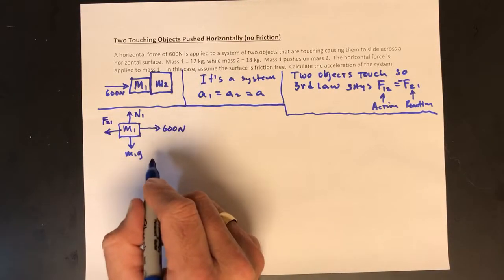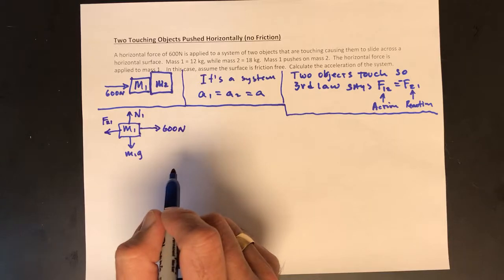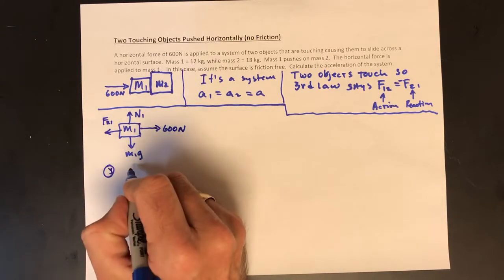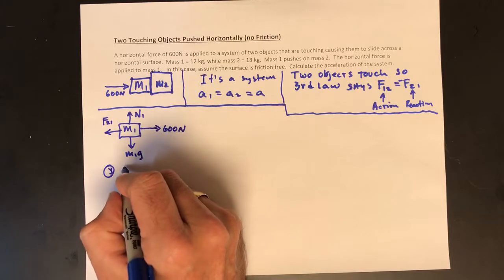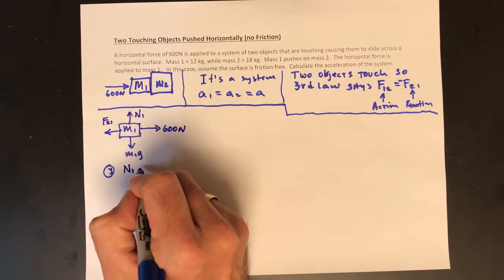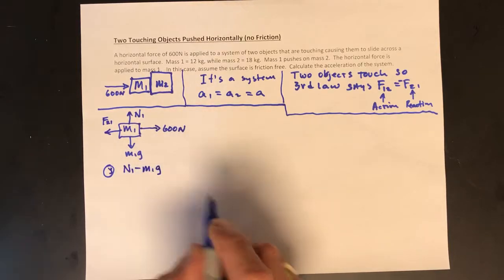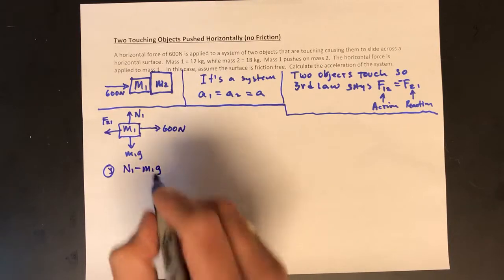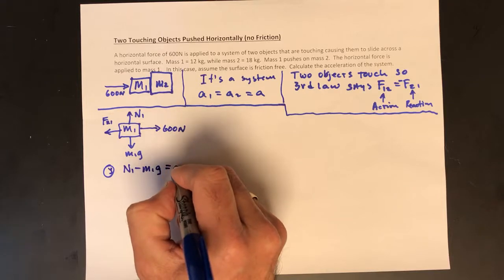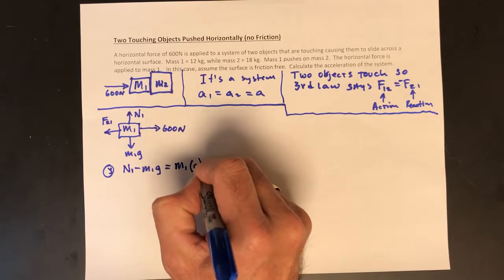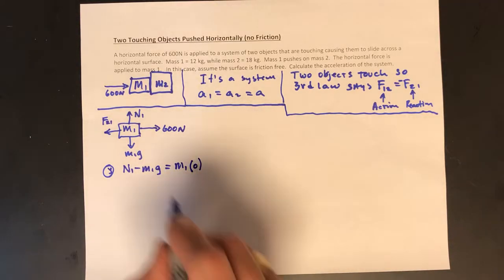So let's summarize the situation using Newton's second law for the y direction. In the positive direction we have a normal force, and in the negative direction we have weight. Those two represent the sum of the forces, and that's equal to ma acting on mass 1, but we know that the acceleration in the y direction is equal to 0.